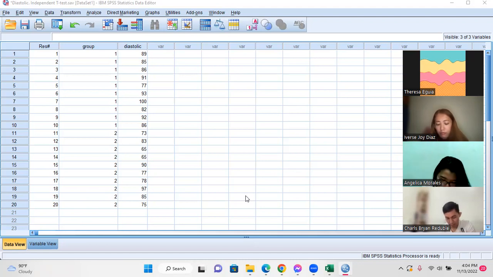Okay, so let's move on to paired t-test. So kindly download yung nasa GC ninyo. Or kindly try kung ma-open ninyo yung sa data sets na triglycerides.